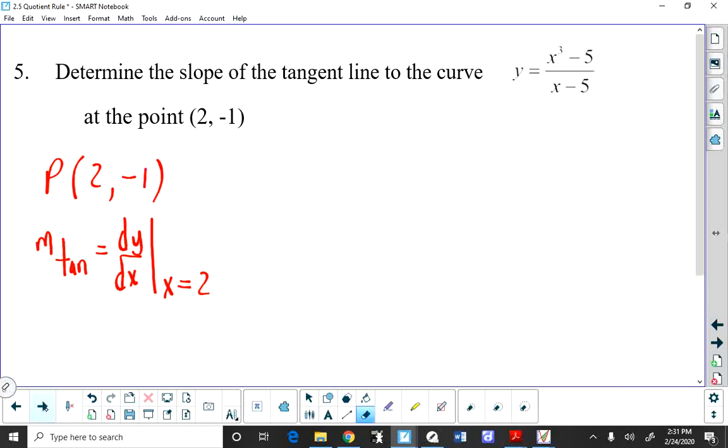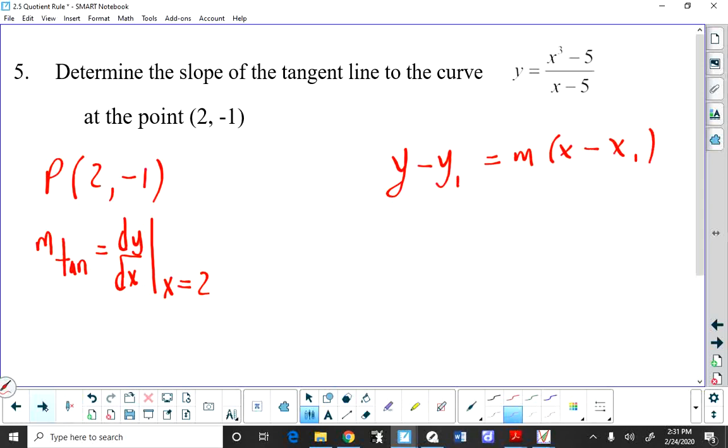Once the slope is determined, you put the slope along with x1 and y1 in here, right? What a couple people did is they didn't put the slope here, they put the derivative. So they had a bunch of x's in there. That's not the slope. The slope is not the derivative. The derivative is a formula you use to find the numerical value of the slope. Okay, so let's find the derivative.